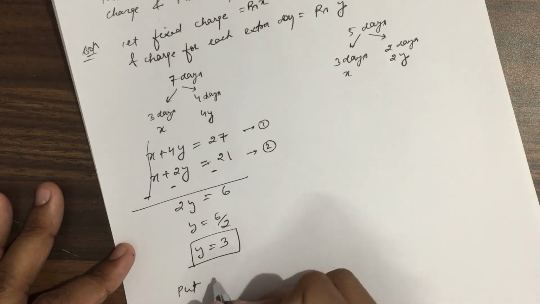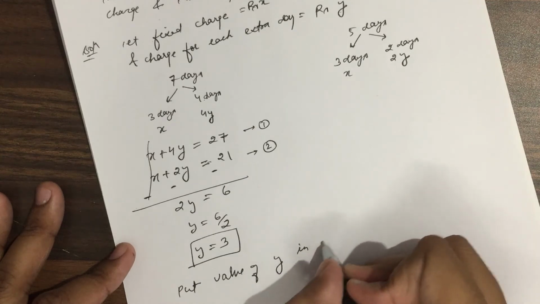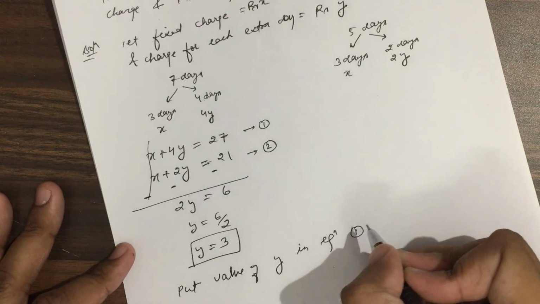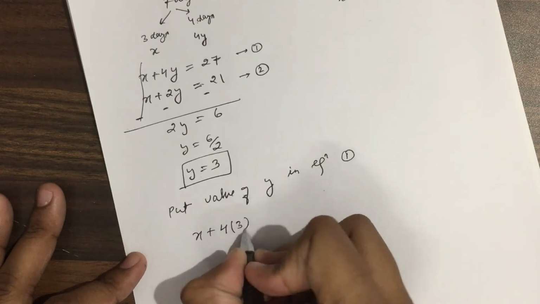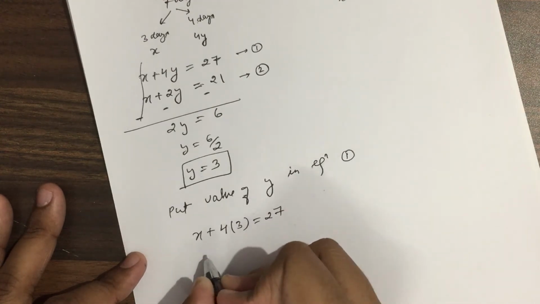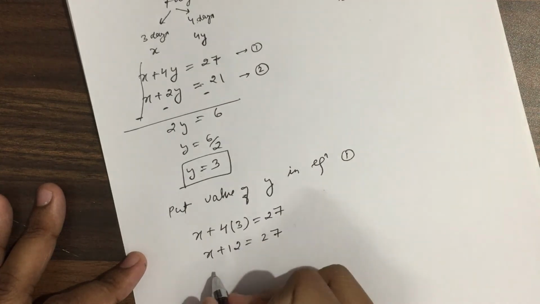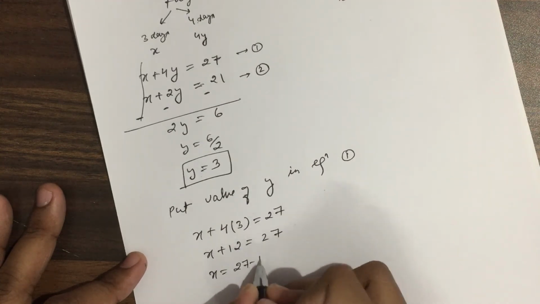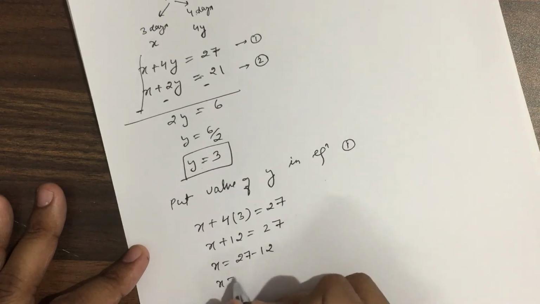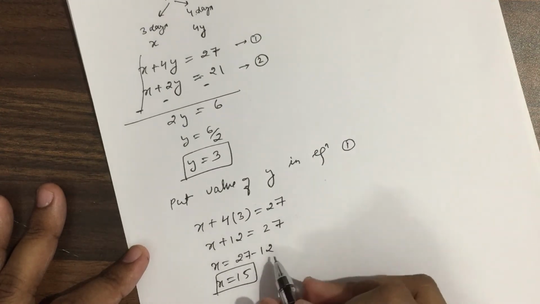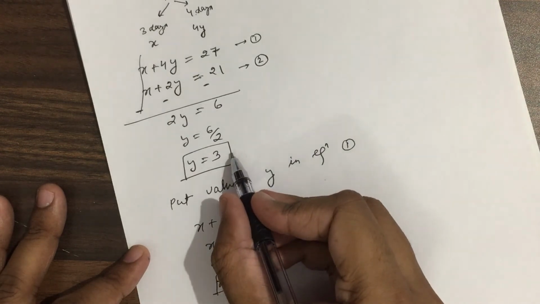So put value of y in equation 1. x plus 4y, y means 3, equal to 27. x plus 12 equal to 27. x is equal to 27 minus 12. So therefore x is equal to 15. So that is 15 is fixed charge and 3 is charge per extra day.